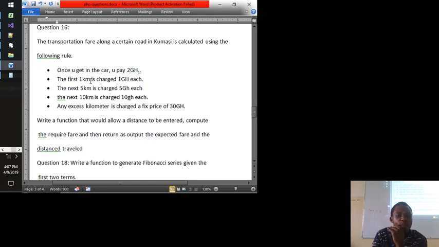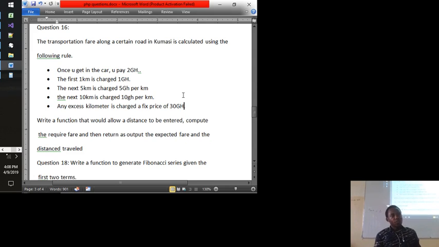The first kilometer is charged 1 Ghana cedi. Let's shift the English; yesterday we realized some ambiguity in it. The next 5 kilometers is charged 5 Ghana cedis per kilometer. Then the next 10 kilometers is charged 10 Ghana cedis per kilometer. Any excess kilometer is charged a fixed price of 30 cedis.